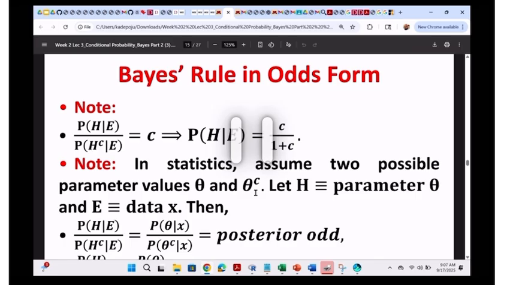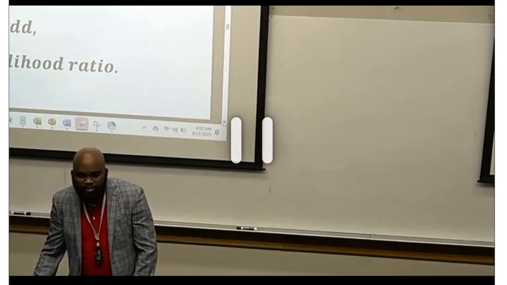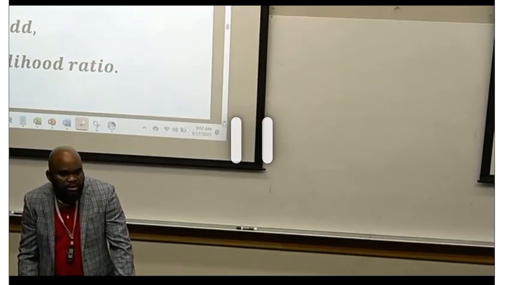I told you the other time, we have what we call the prior odds, likelihood ratio, and the posterior odds. I'm going to start from the prior odds. The prior odds have something to do with the hypothesis before the court.